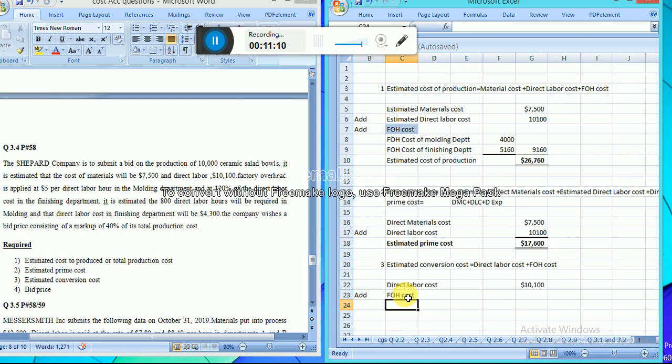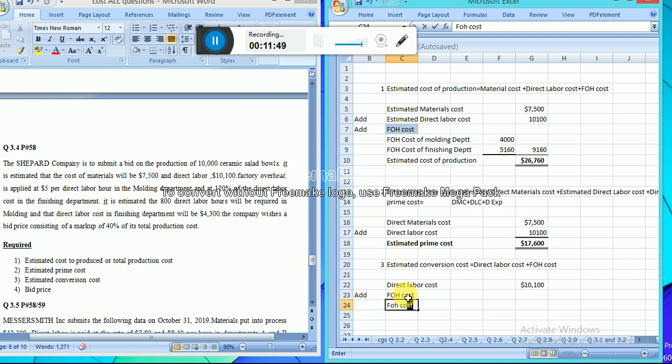Here again I will repeat, it is not given directly, and here there are also two departments: one is the molding department and one is the finishing department. So the molding department will have FOH cost, and the finishing department also has FOH cost.